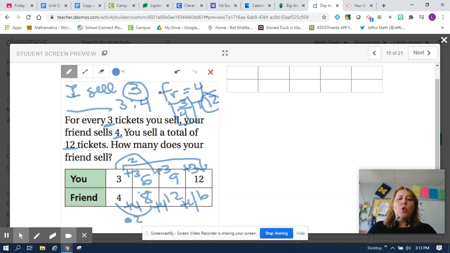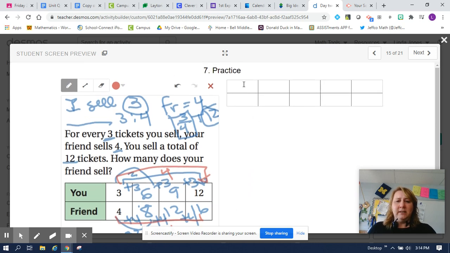If I would have done the whole thing to get from 3 to 12 all at once, that's just multiplying by 4, right? So what is 4 times 4? 16. So many patterns that I see. That is what's so fun about these ratio tables. Oh my gosh, I love ratio tables because there's just so many ways you can do them.